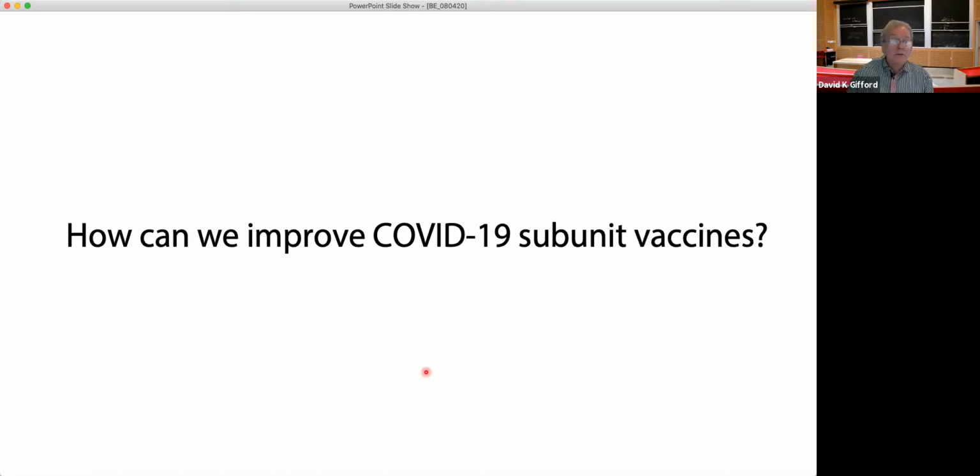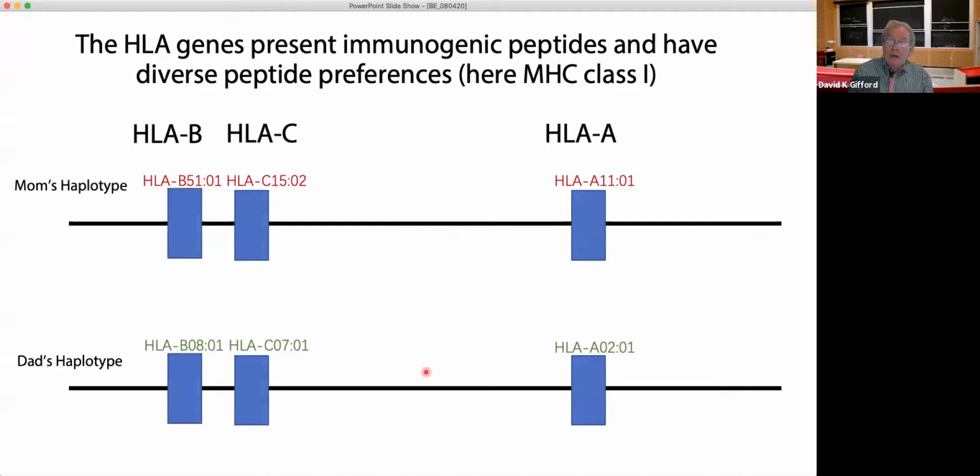Well, let's turn to how we could actually amplify cellular immunity when a person is presented with a COVID-19 vaccine. To do so, let's think about the presentation of vaccine peptides by the human MHC system.